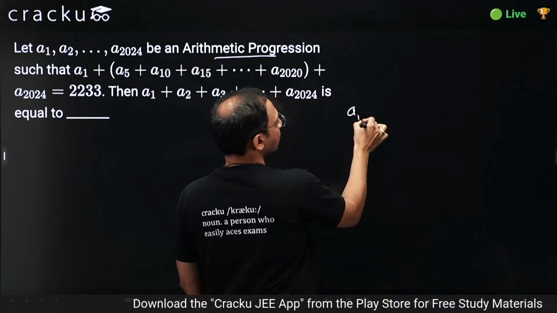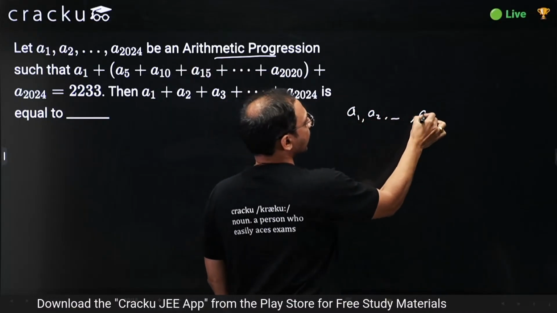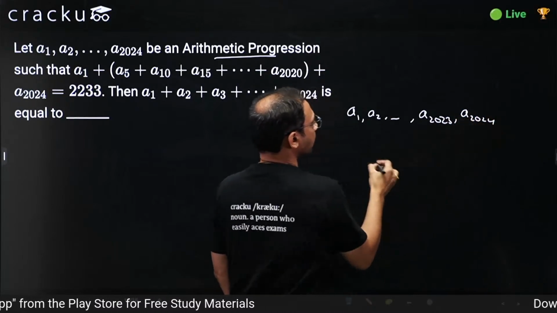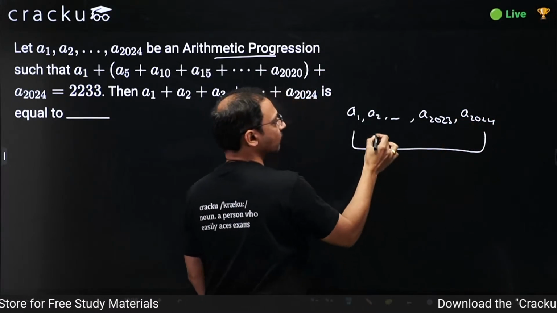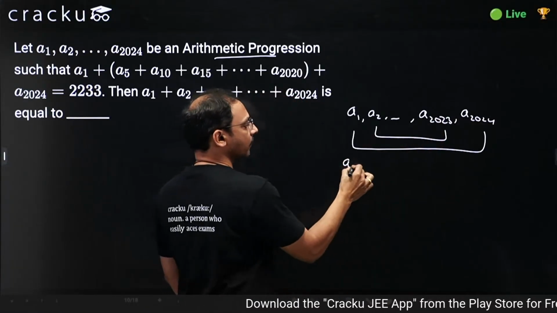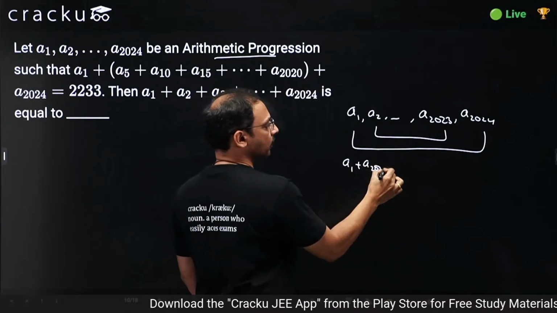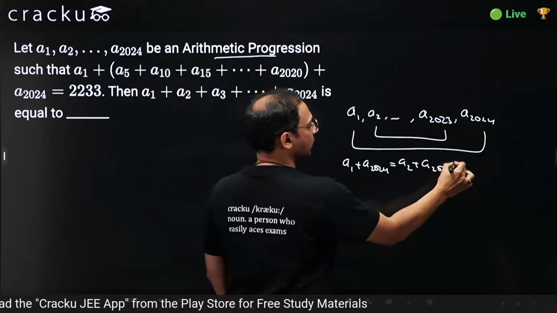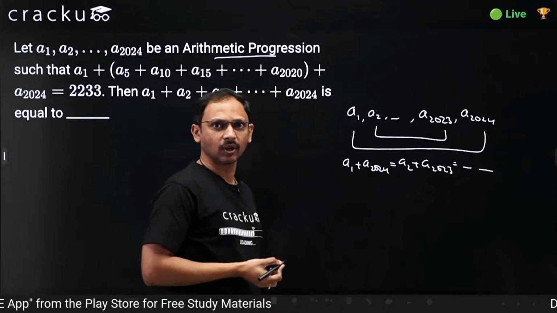If you have these terms in an arithmetic progression, the sum of the first and last term will be the same as the sum of the second and second last term and so on. So I have A1 plus A2024 equal to A2 plus A2023 and so on. This sum will always be the same.